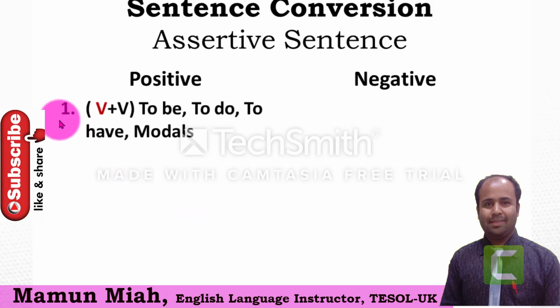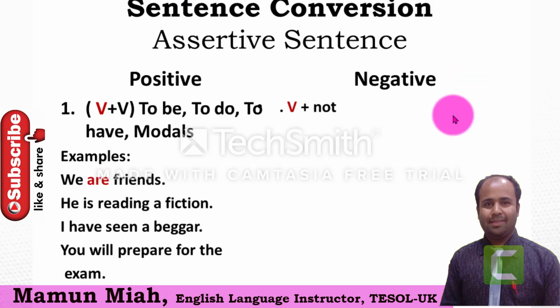The first one, my dear student: if you find a sentence with two verbs, that means the first one is auxiliary and the later one is principal. Here the first one is red in color. If you find this one to be, to do, to have or modal auxiliaries, what would be the configuration of the negative form then?